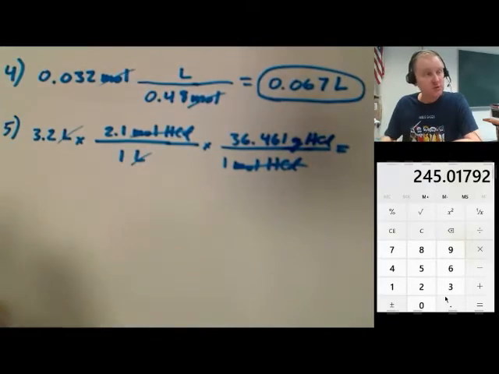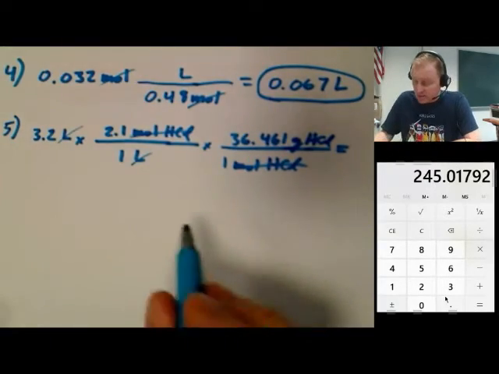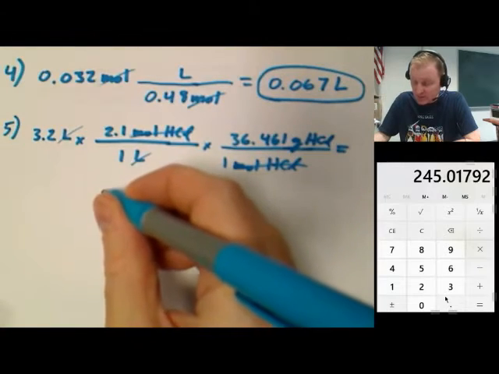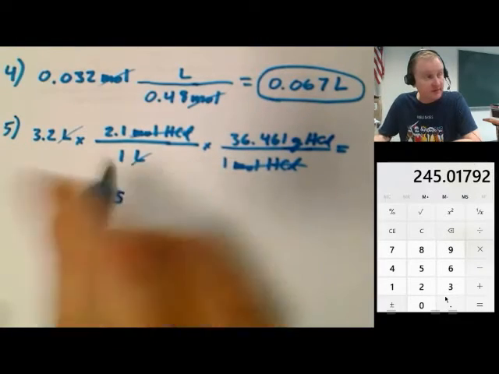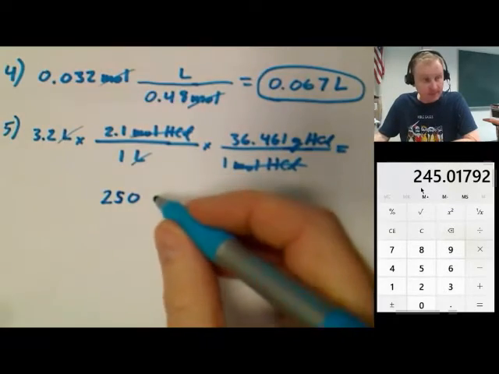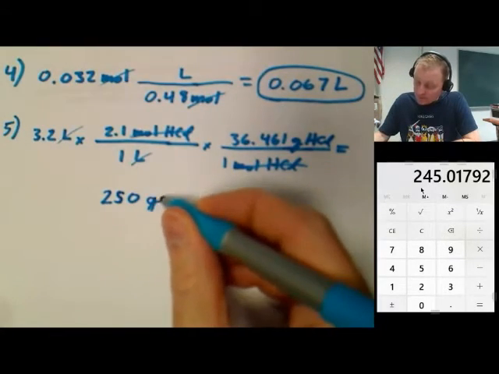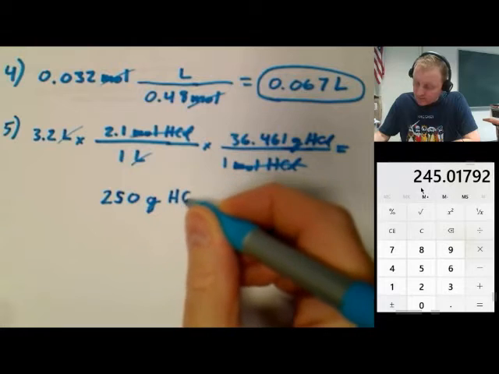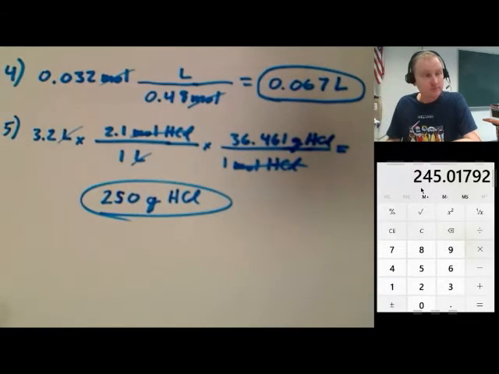So remember, trailing zeros don't count if there's no decimal place. So let's not put a decimal place, and we'll write 2. That 5 is going to round the 4 up. So we'll put 250 grams of hydrogen chloride. All right. Hopefully that's what you got too.